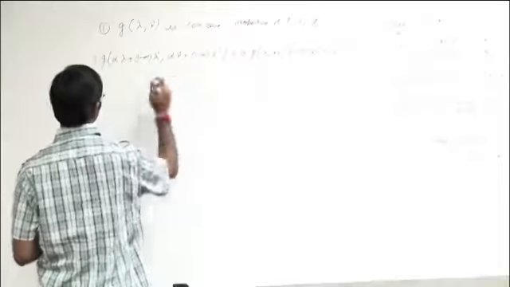So now we know that this is equal to the minimum over all x belonging to D of f(x) times alpha plus... I'm just writing out this thing.